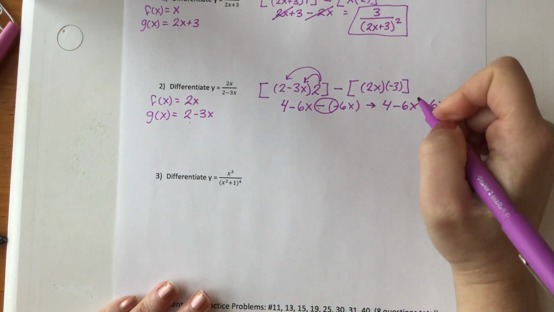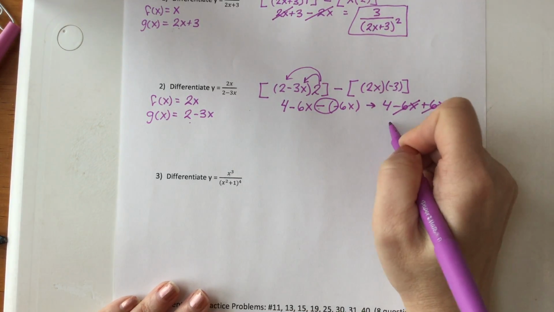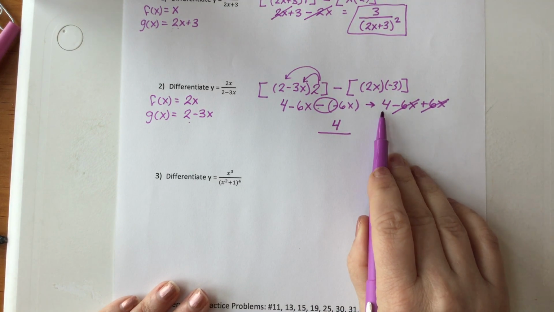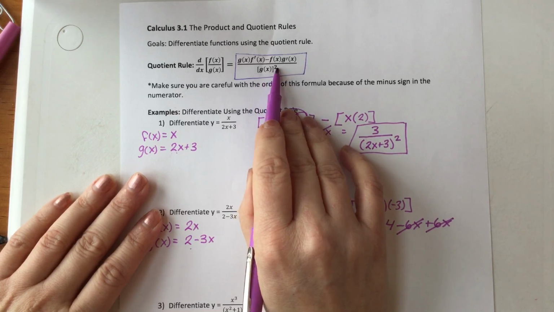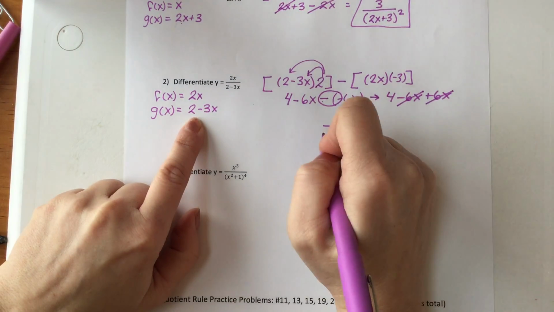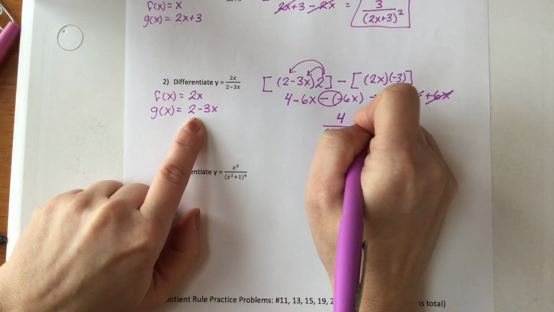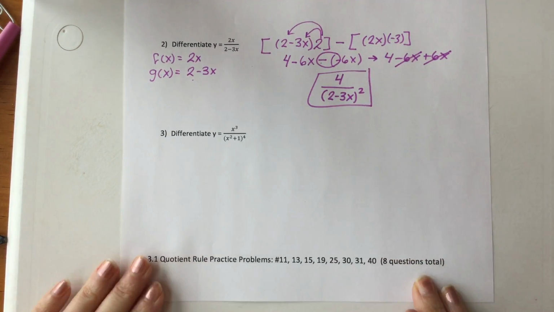Now check this out. Negative 6x, positive 6x cancels. On the top, all that I have left after I simplify is a 4. The bottom is whatever the bottom was, quantity squared. The bottom was g of x, so it's 2 minus 3x quantity squared. There is the derivative.